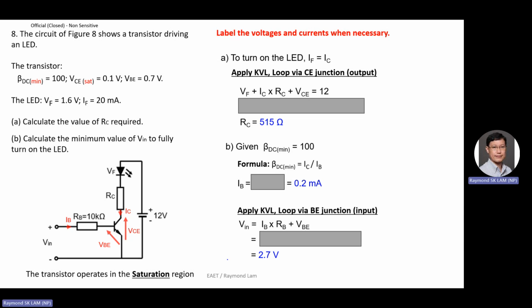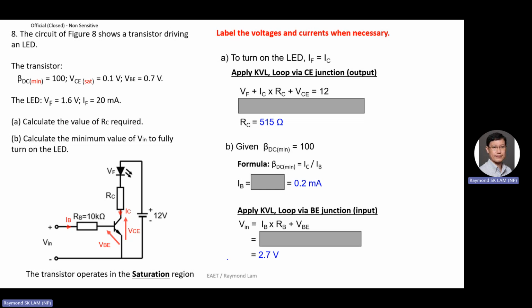When you want to operate the transistor, it can be operated in three regions. One is called the cutoff. Cutoff is very simple. For example, you look at this diagram. Let's say VB is 0 volt, then no current flows in the base current.